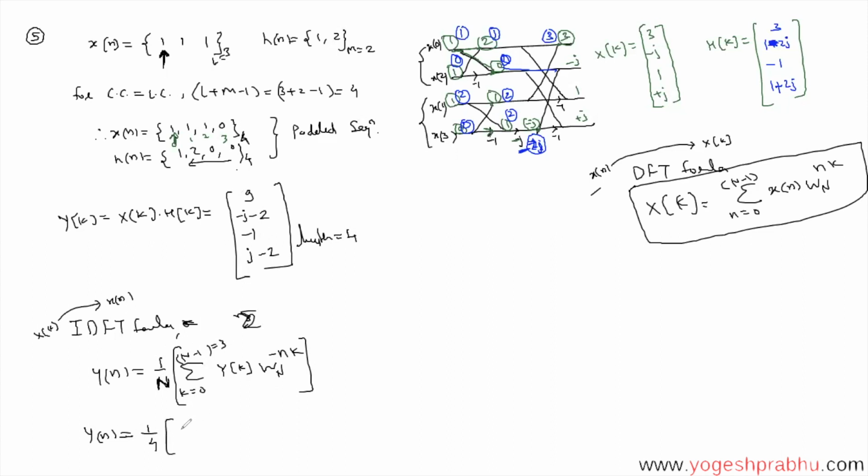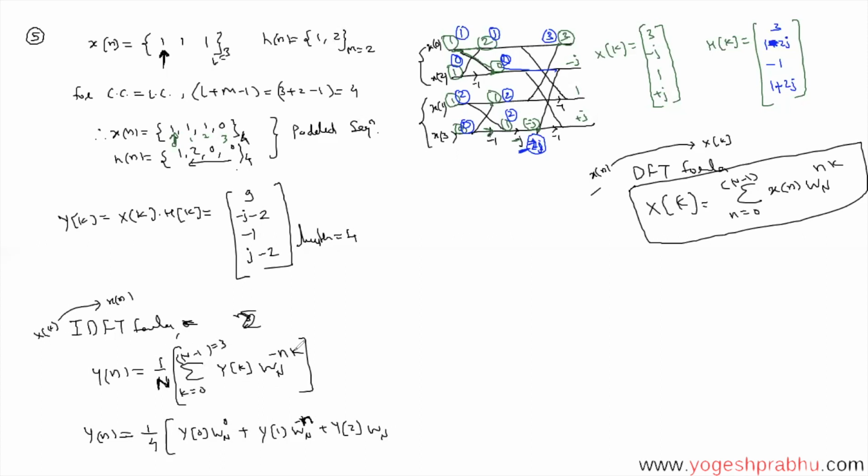Okay. So Y[0] times W_N to the 0. Y[1] times W_N to the negative n, because k is substituted as 1.